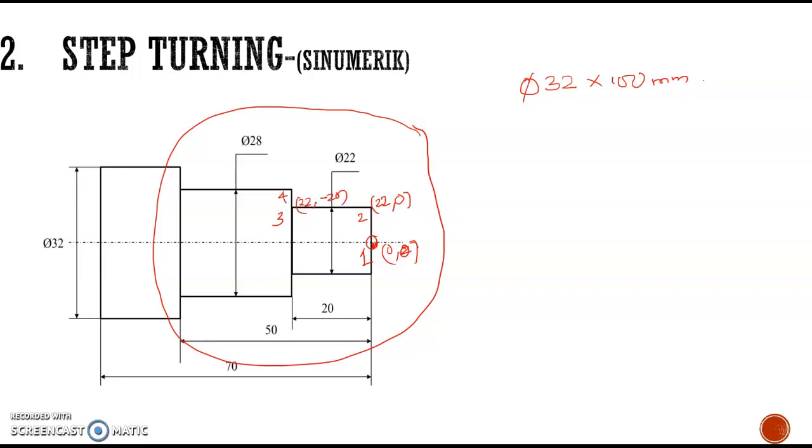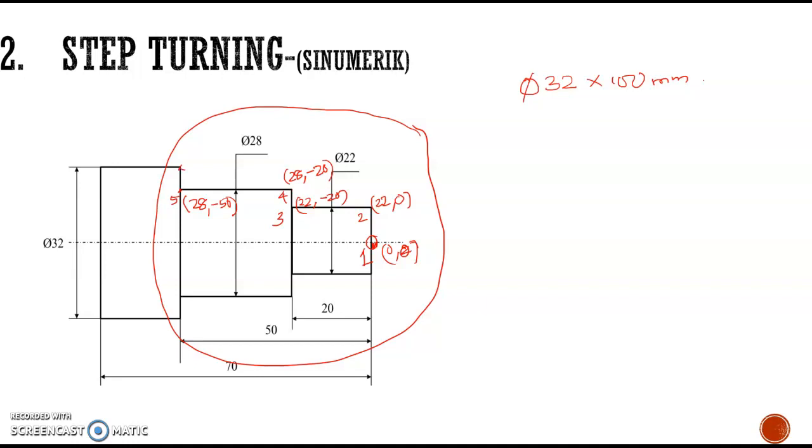Here is the fourth point, this corner. There X has changed, increased to 28, and Z is the same, minus 20. Here is the fifth point, this corner, and its coordinates are X again 28 and Z now moved to minus 50.